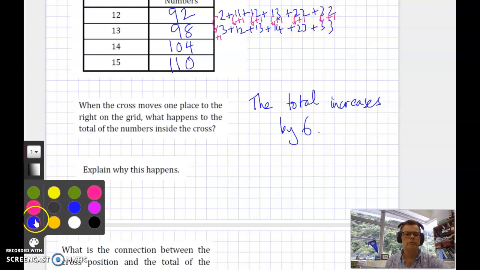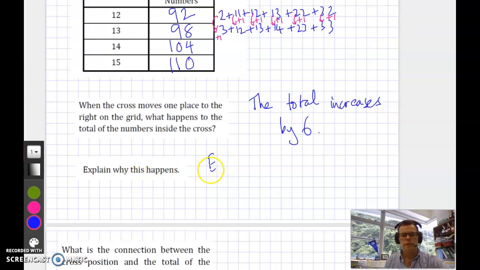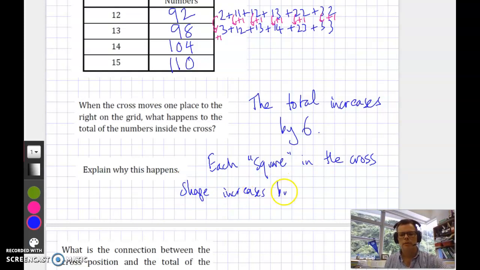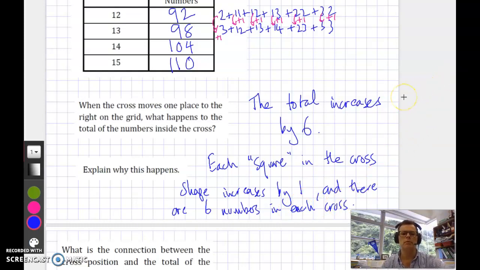So we can write something like that: each square in the cross shape increases by 1, and there are 6 numbers in each cross. Something along those lines would explain why that happens.